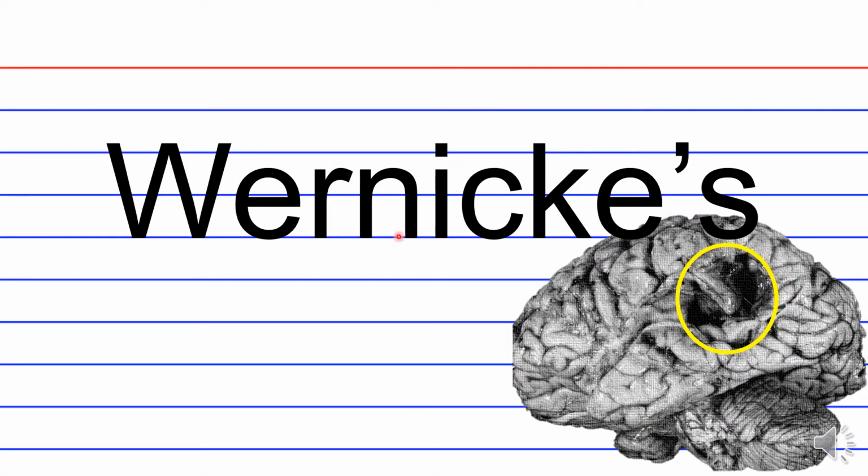That would be damage to Wernicke's area, and this is an actual visual of someone who suffered damage to Wernicke's area. It looks like they probably had a stroke, blood clot. And this former patient actually presented with Wernicke's aphasia.